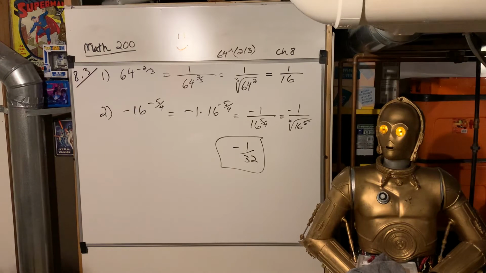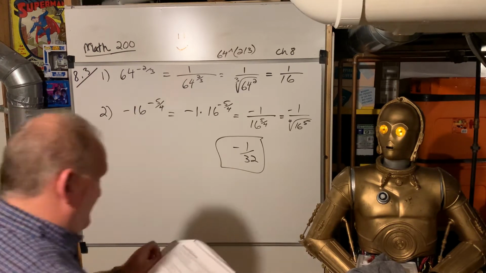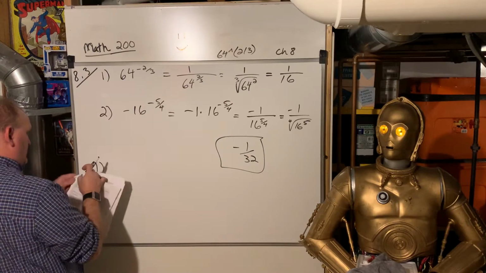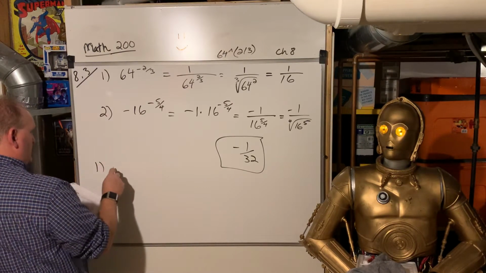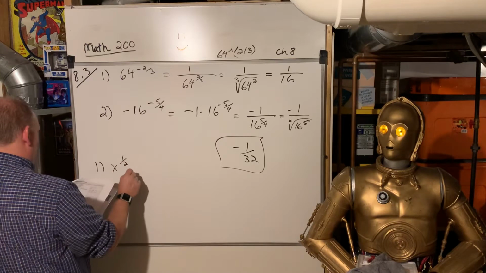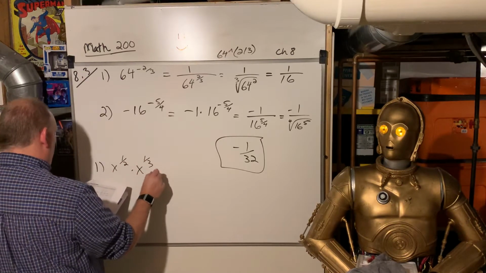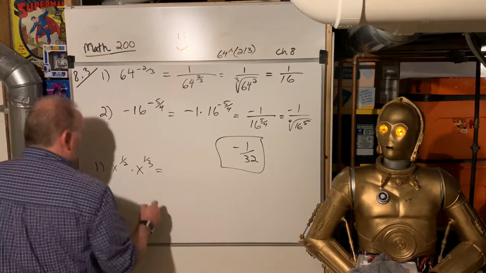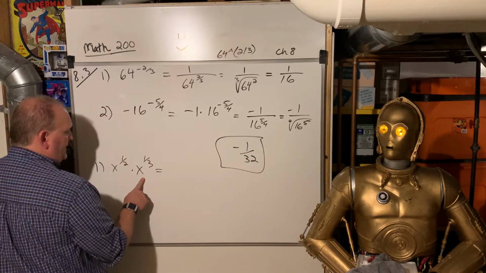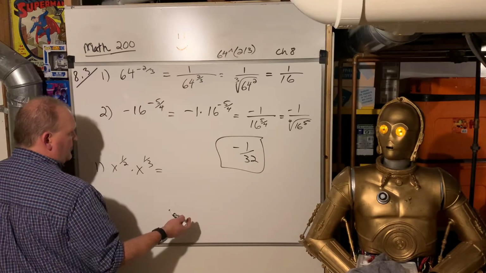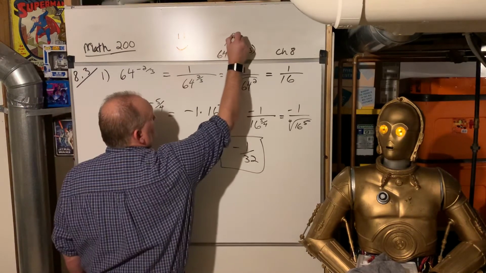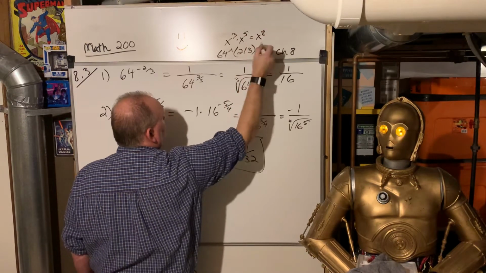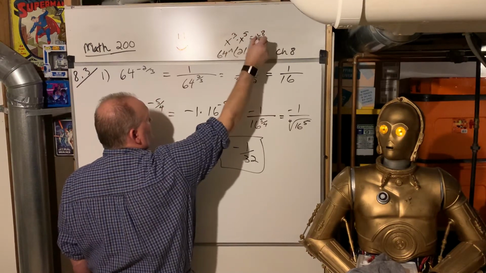Okay, let's keep going. So we got x to the 1/2 times x to the 1/3. So again, how do we do that? Well, when we're multiplying things with like bases, we add the exponents. So think back when it was easier, when it was x to the 3rd times x to the 5th, that was just x to the 8th. You just said, okay, I put down the x once and I add those up.